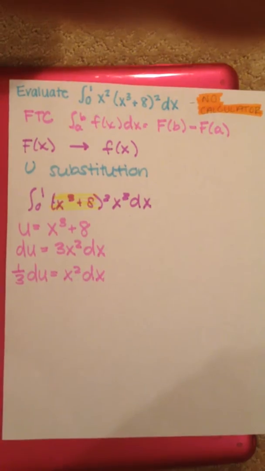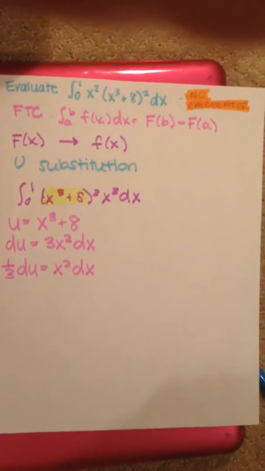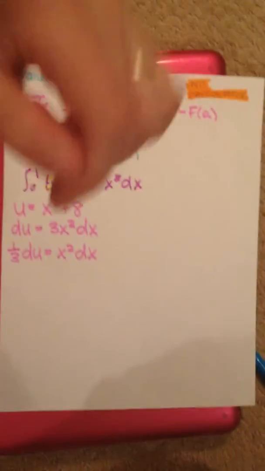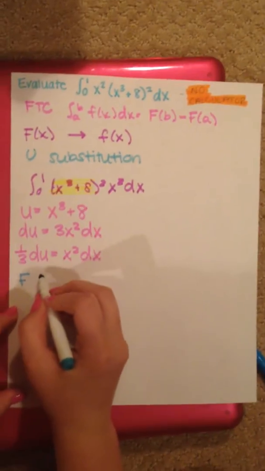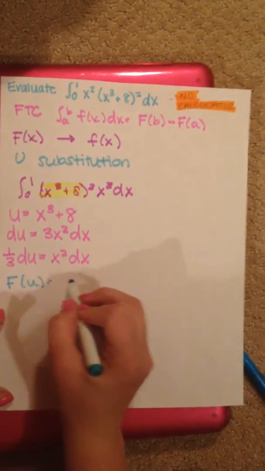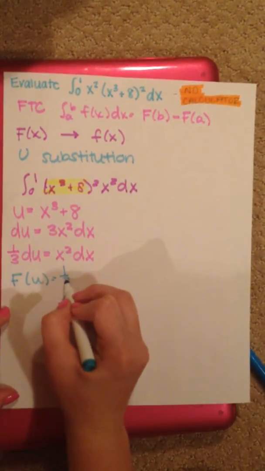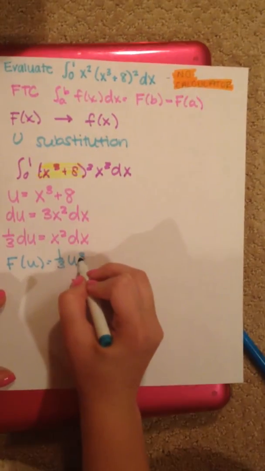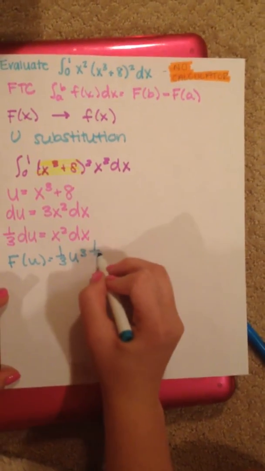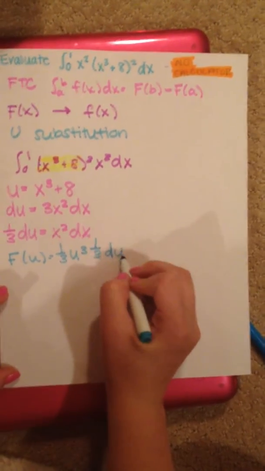So now you move on to finding F of u. So it's going to be F of u equals the integral of u squared times 1/3 du.